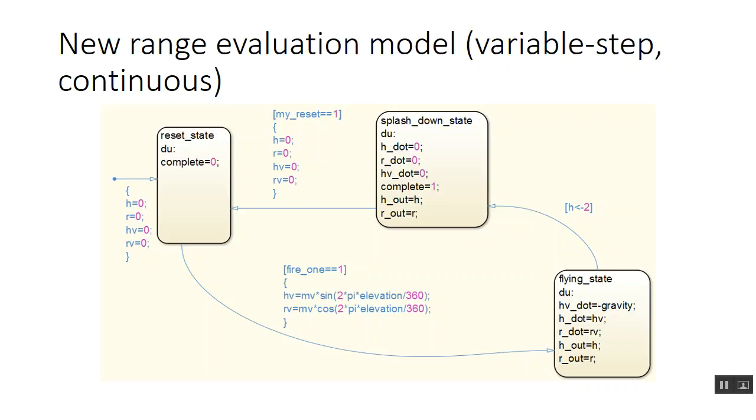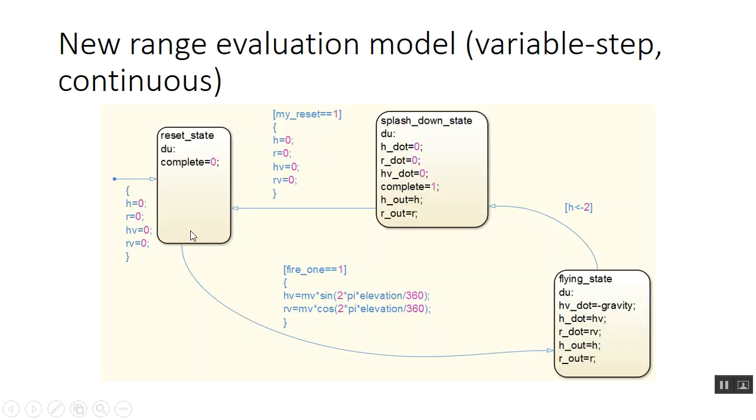So in the reset state, here's the little default transition with the bubble. It sets the height and the range equal to 0, and the height velocity and the range velocity to 0. That's in the curly braces, the command that happens along a transition.